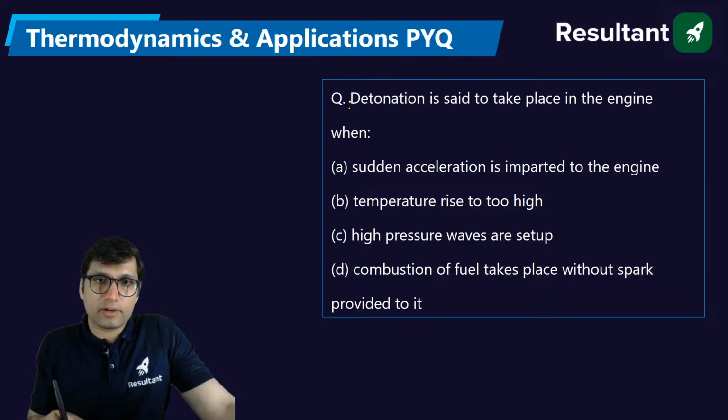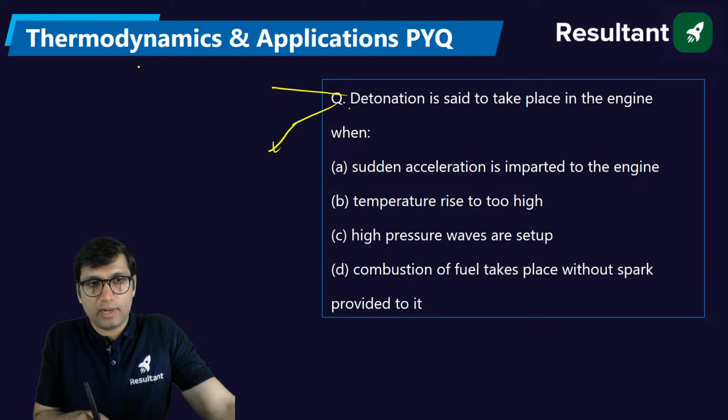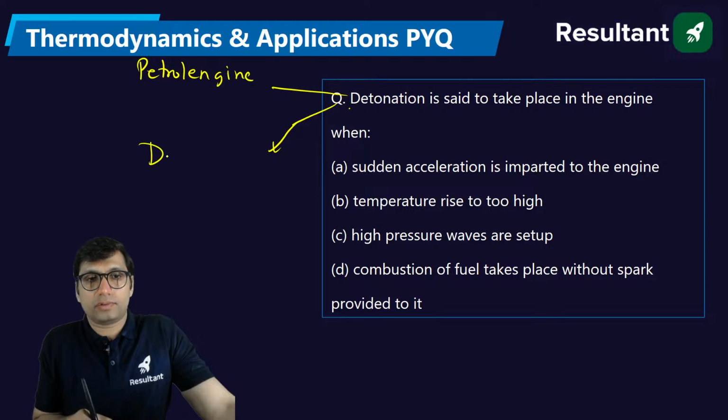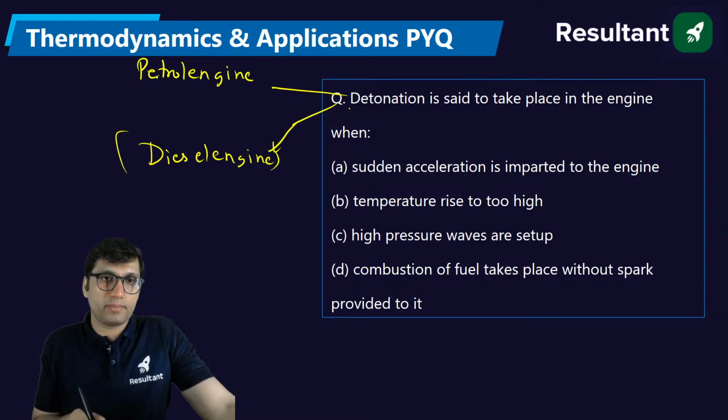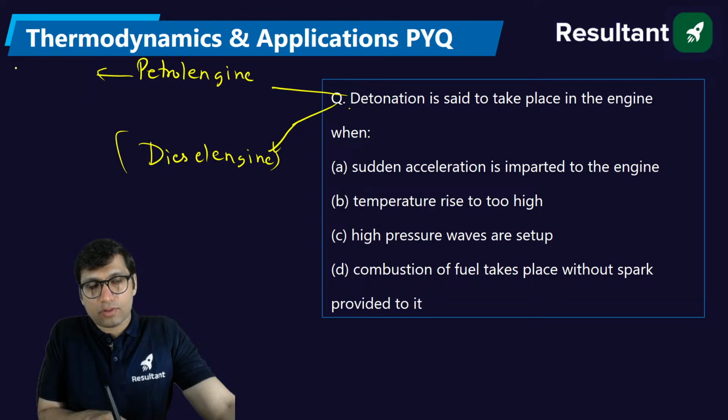Detonation is something which takes place in the petrol engine and also in the diesel engine. In both engines detonation takes place, although the reasons for detonation are different in petrol and diesel engines. In the petrol engine, it is called pre-ignition.